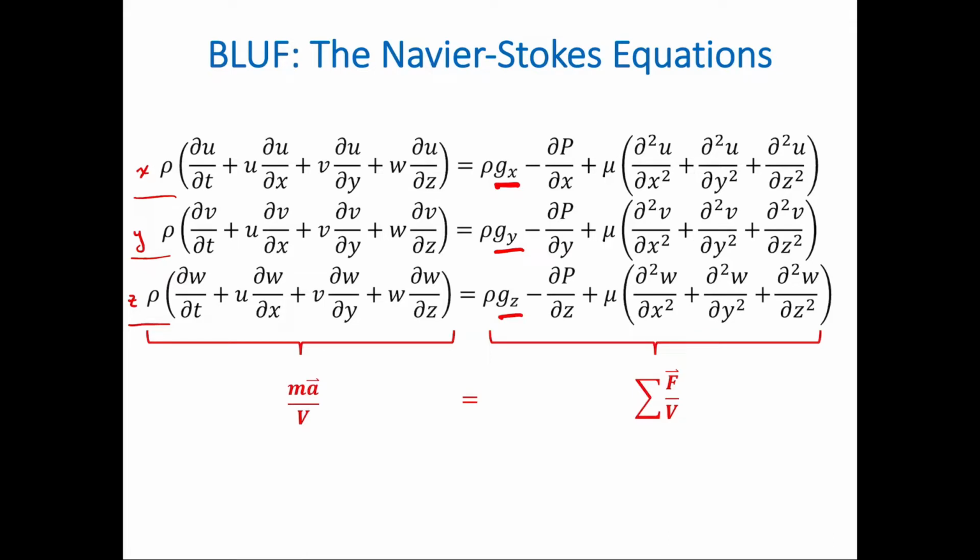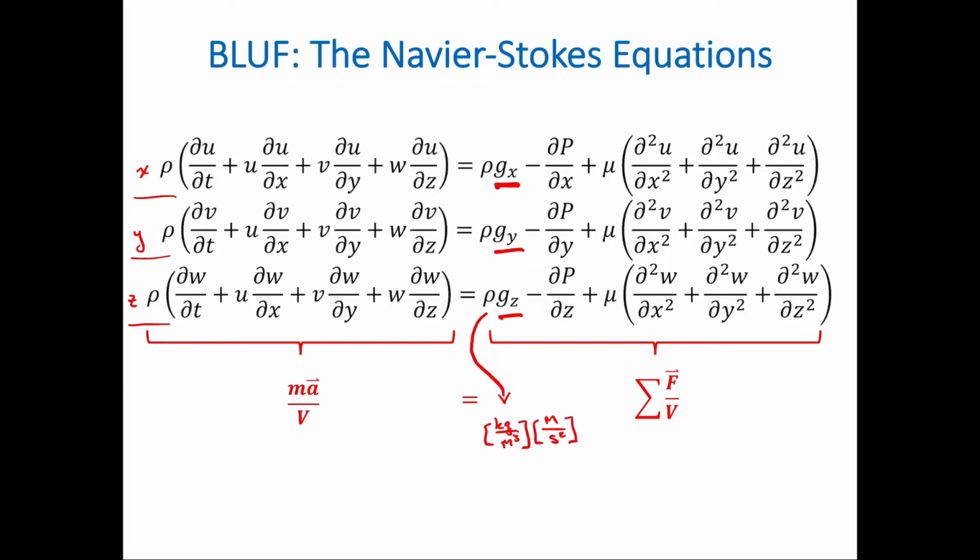Now, in this case, if we take this rho g and look at our unit system, we have kilograms per meter cubed and our gravitational constant, meters per second squared.